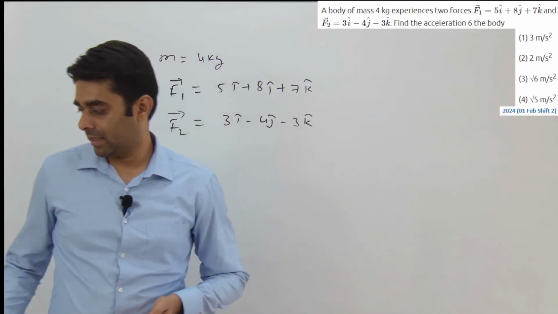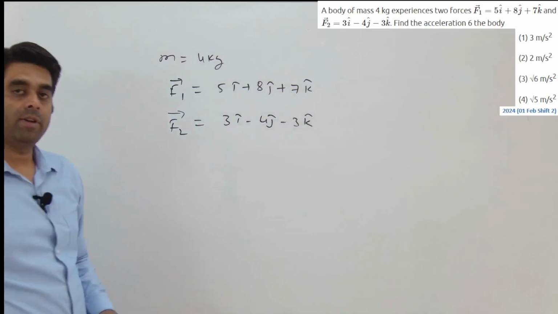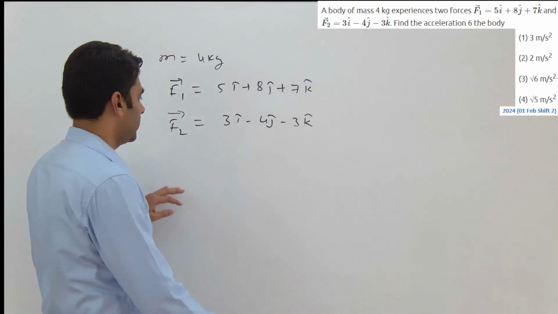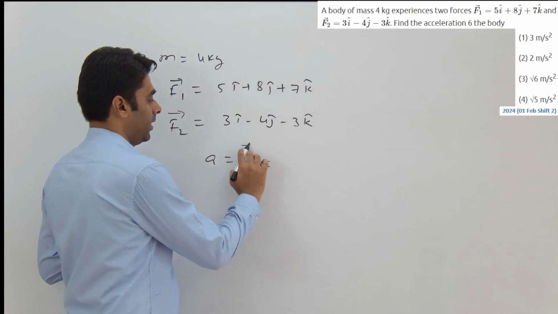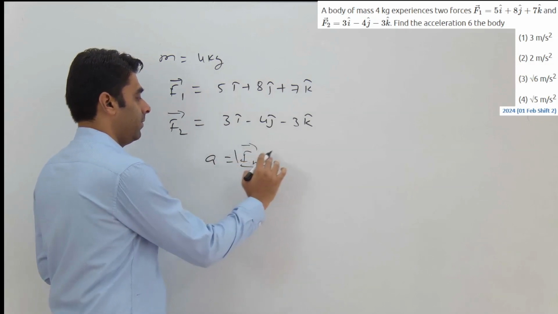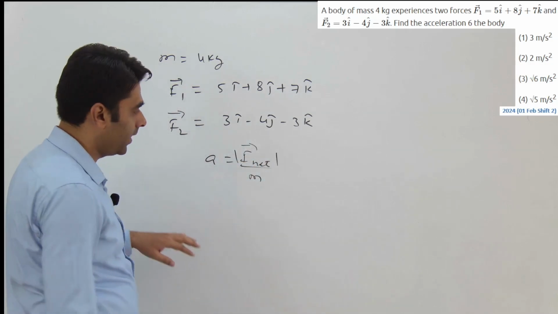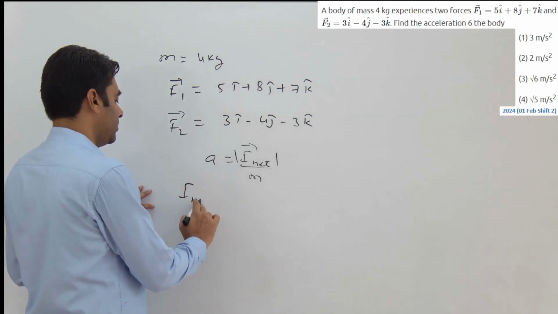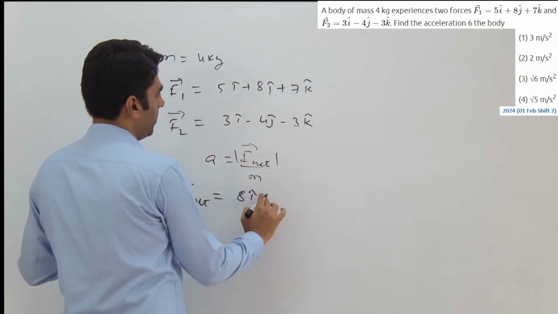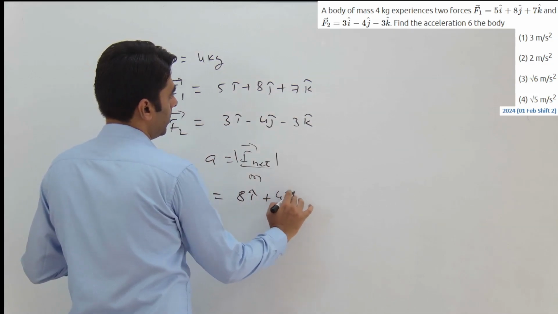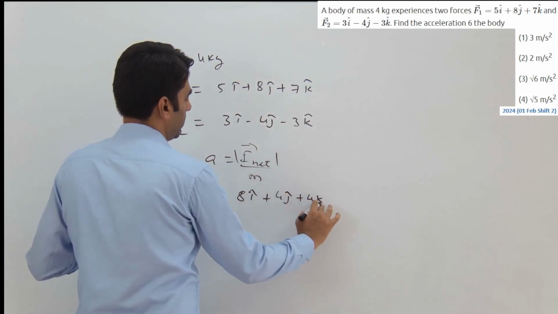They are asking us acceleration. Forces are given to us in vector form. So acceleration will be your what? F net by m, right? F net by m. First of all, let us calculate F net. F net will be the summation of these two forces. This will come out to be 8i cap plus 4j cap plus 4k cap, right?